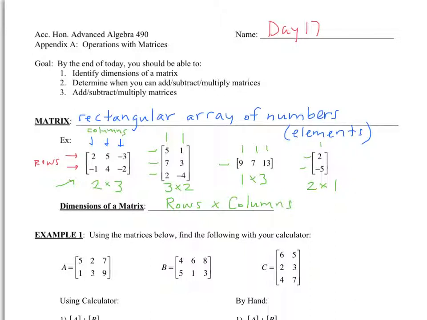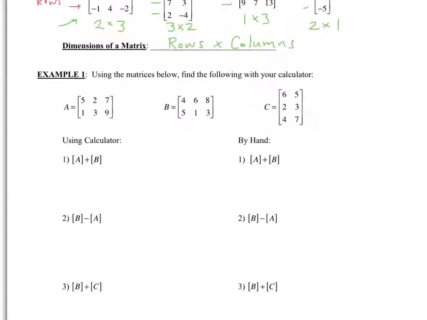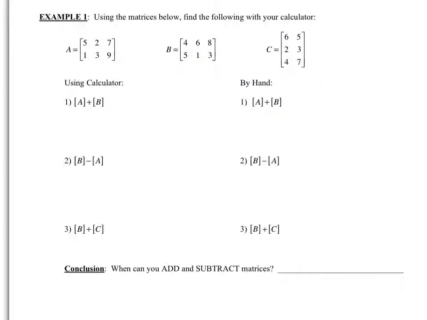Okay? So let's get down to adding and subtracting matrices. Okay, so like I said, we're going to kind of skip the calculator portion today. We're going to go right to adding and subtracting matrices by hand. Okay, so let's go to the conclusion first. I'll start with the important piece.